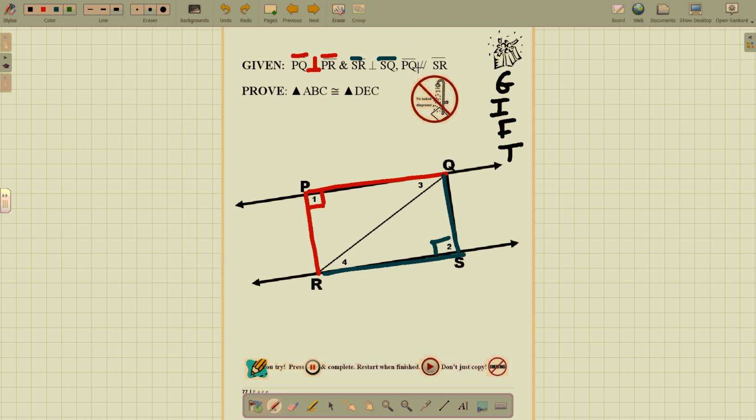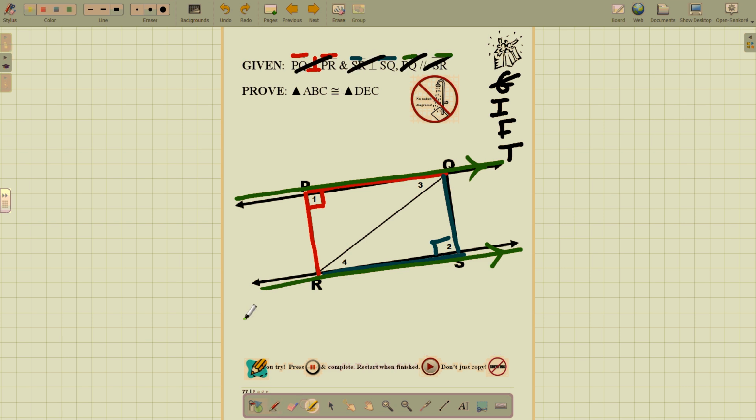We're told that PQ and SR are parallel. Okay, that is all I've accounted for the given.